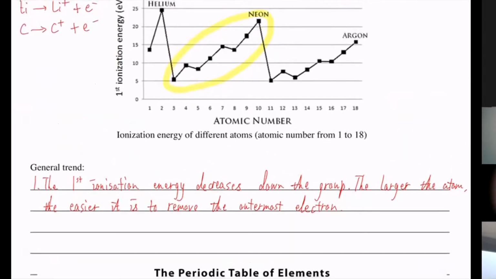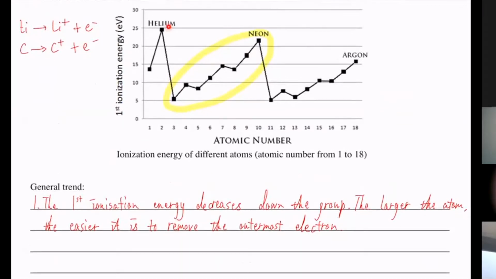And then the next one is going to be, what's the trend across a period? Okay, so that's for period one, hydrogen and helium. And the parts I circle with yellow is just for the second period from lithium to neon. And then the third period is from sodium to argon. So what's the general trend across a period?